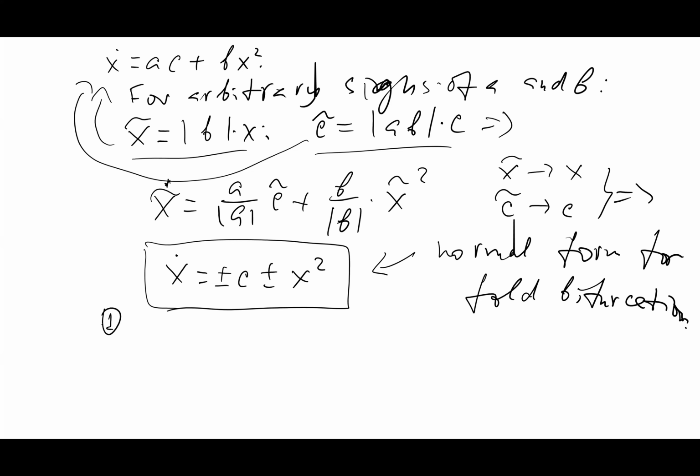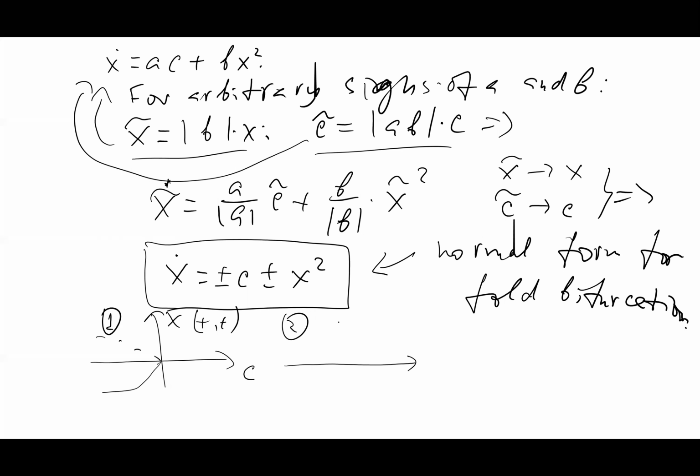First case, the bifurcation diagram was this, c x. Second case, so here plus plus. And in the second case, you can check it, I will skip this.